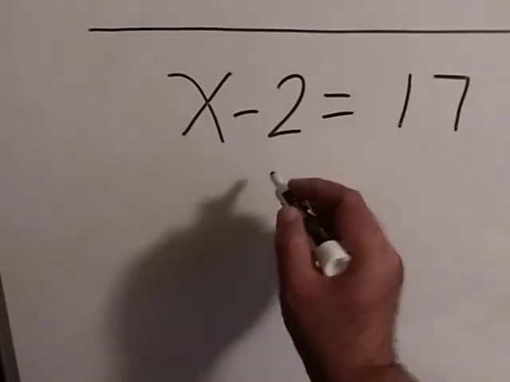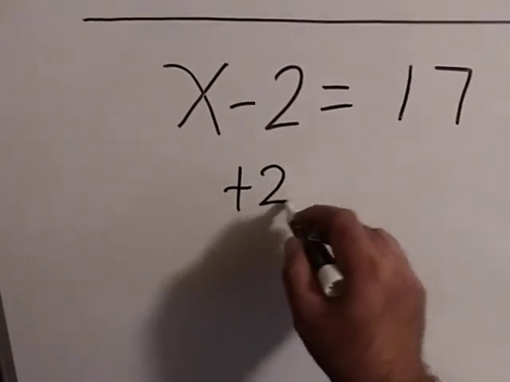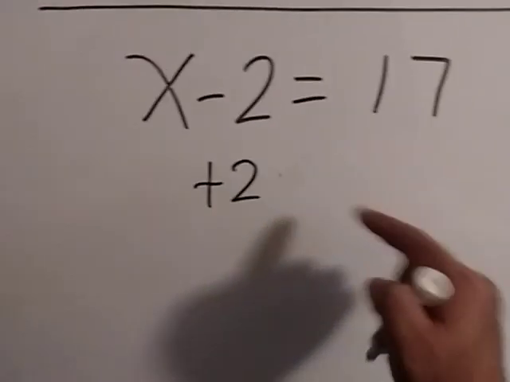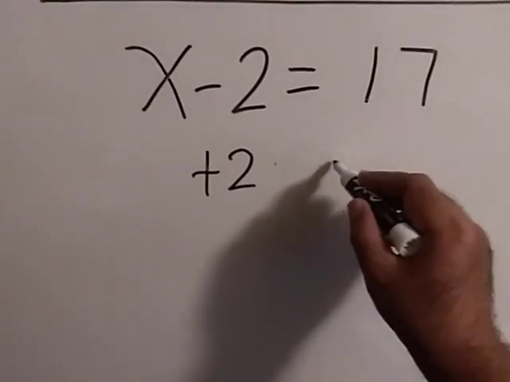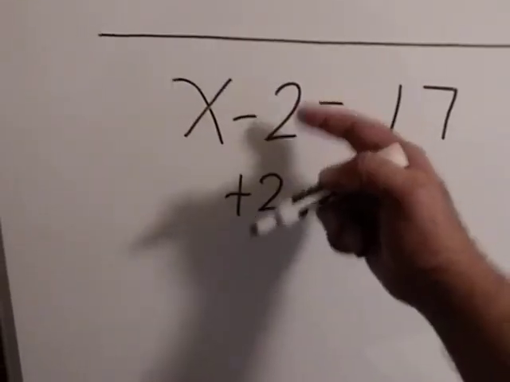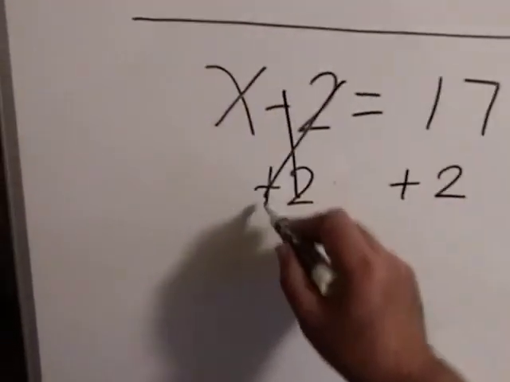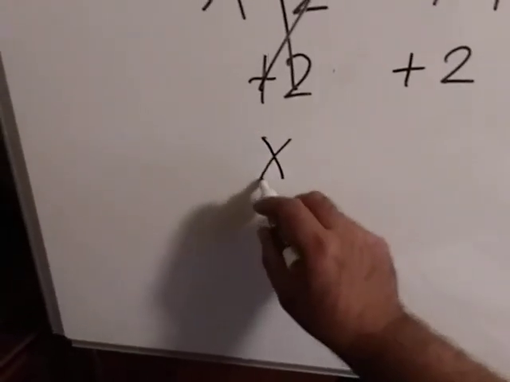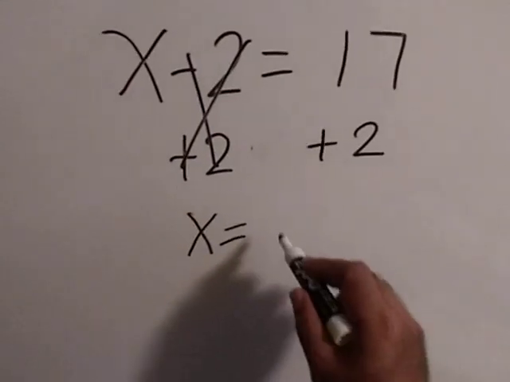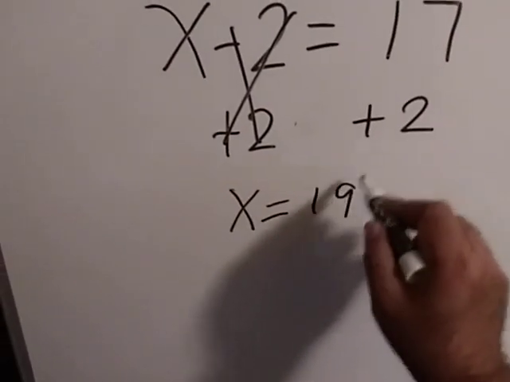So the opposite of minus 2 would be plus 2. And remember that whatever you do to one side of the equal sign, you have to do to the other side, so in this case it would be plus 2. These two values, the minus 2 and the plus 2, cancel out, thus leaving us with x. And x is going to be equal to 17 plus 2, which gives us 19.